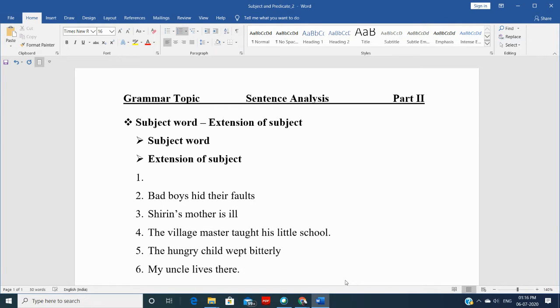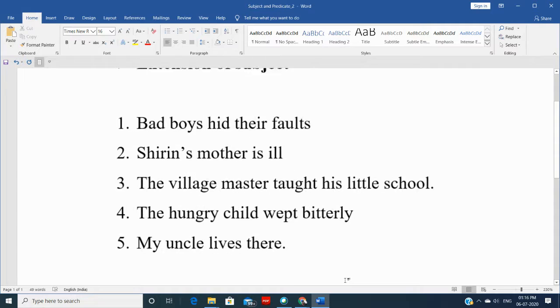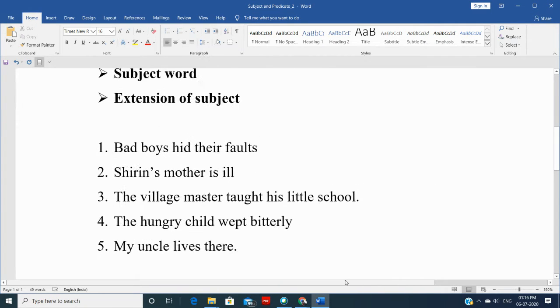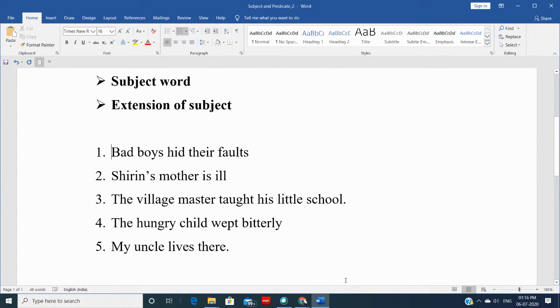In our first sentence, if you see, it's "Bad boys hid their faults." So again, as we always do, who hid their faults? Bad boys. So bad boys becomes your subject. Okay, right now we'll just find out the subject.